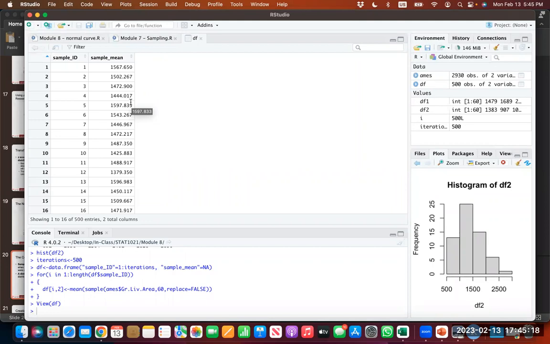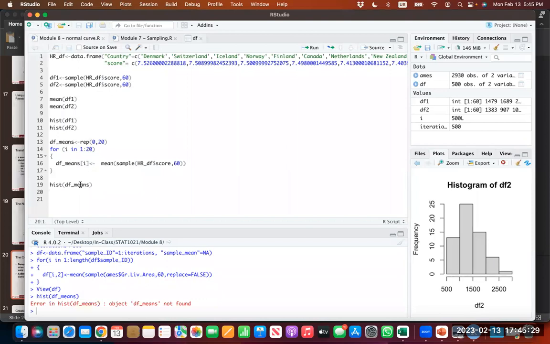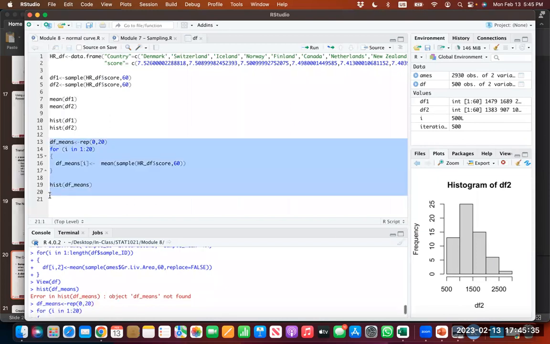So we get 500 different means. We are getting, in the end of the day, a histogram that is essentially looking like this.